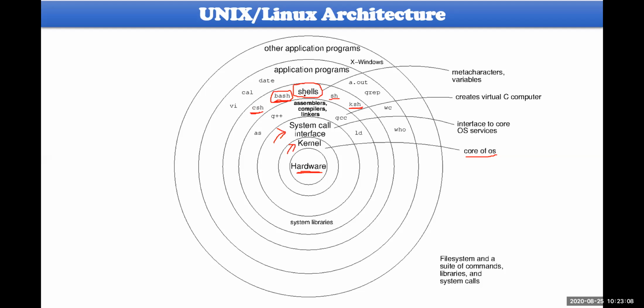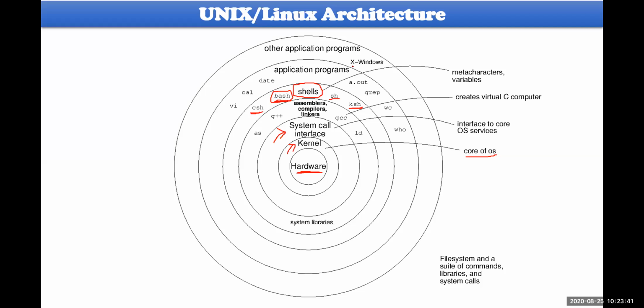And followed by, after shells, we have some application programs, such as different utilities like grep, and many other internal or external commands. Those will be after the shell layer. And then you have the other third-party applications, which are executed by this particular Linux or Unix operating system.